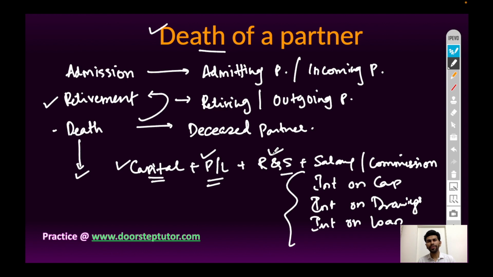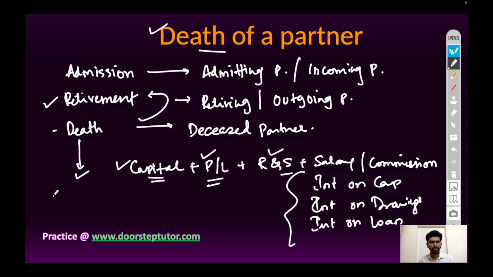Reserve and surplus is undistributed profit which is reinvested into the business. Plus salary, commission, interest on capital, interest on drawings, or interest on loan, whatever is applicable to the deceased partner, will be taken away by the legal representative of the deceased partner, and the remaining partners will continue the business.